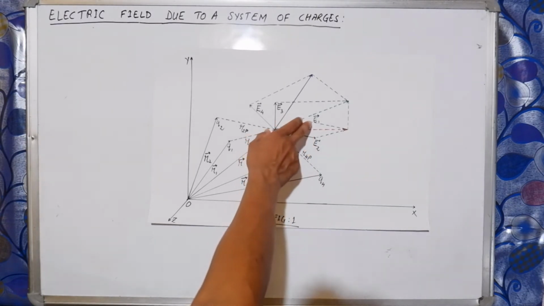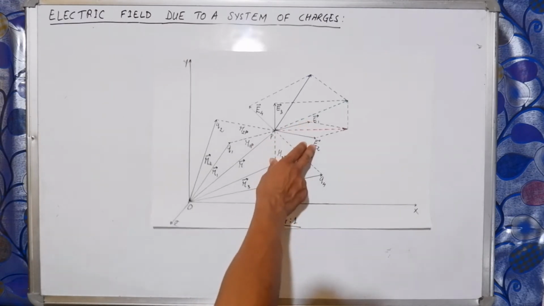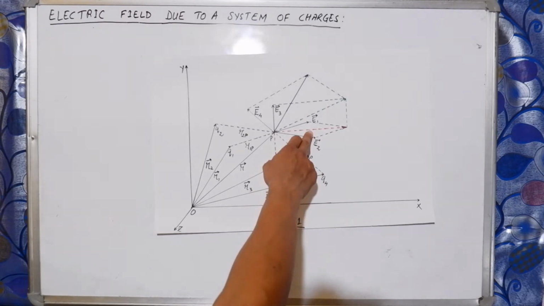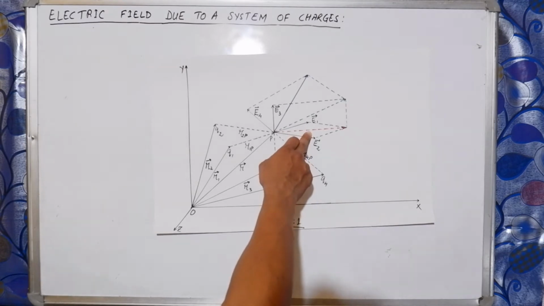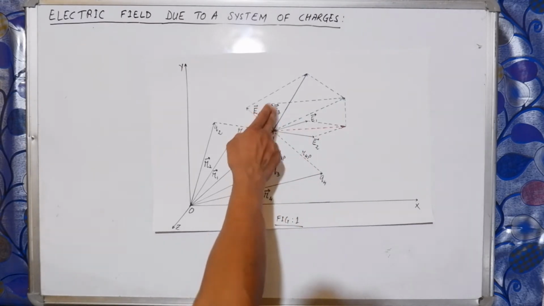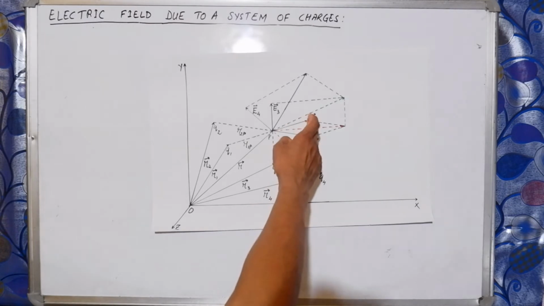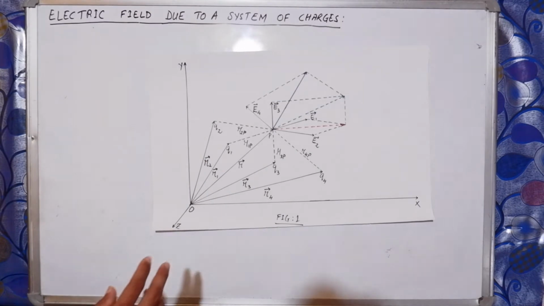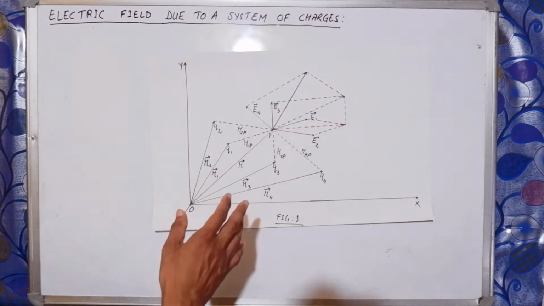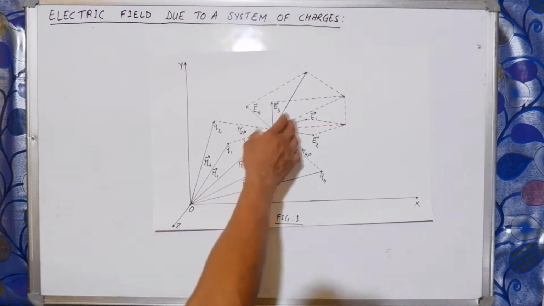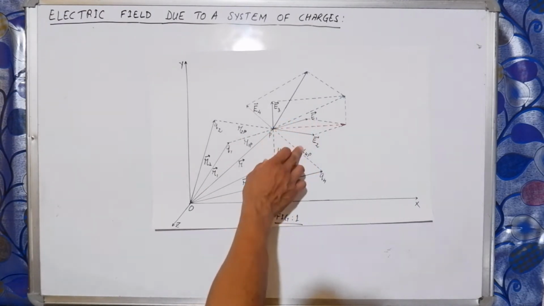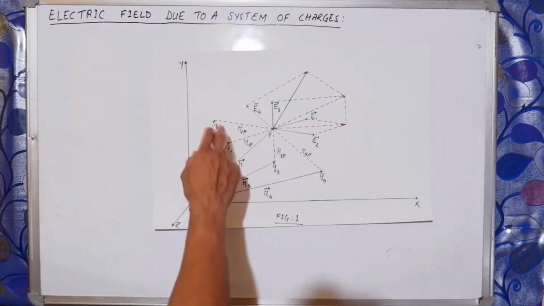For example, I take E1 and E2 and add them by parallelogram law to get this vector marked in red. This red vector is again added with E3 to get the vector marked in green. We continue this way, two electric fields at a time, till we get the final electric field at point P because of E1, E2, E3, and so on.